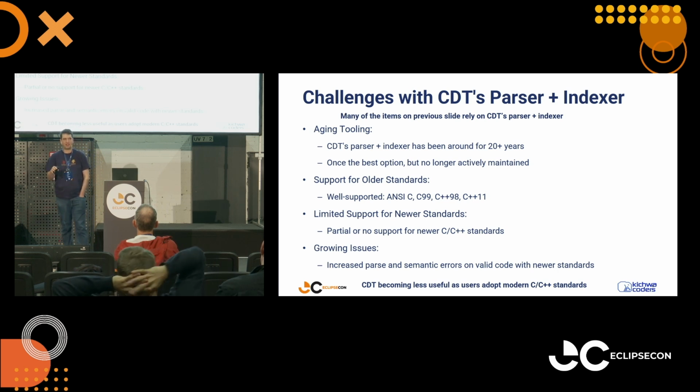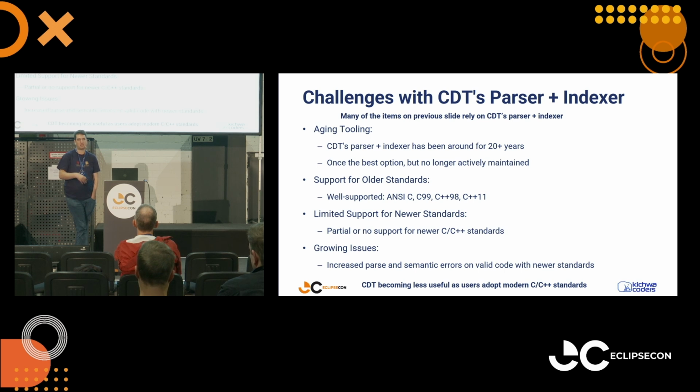So there's very little support for the newest versions of C++. If you're writing embedded software and you're targeting C code from 10, 15, 20 years ago, you're fine. But for modern stuff, it's just becoming less and less useful.